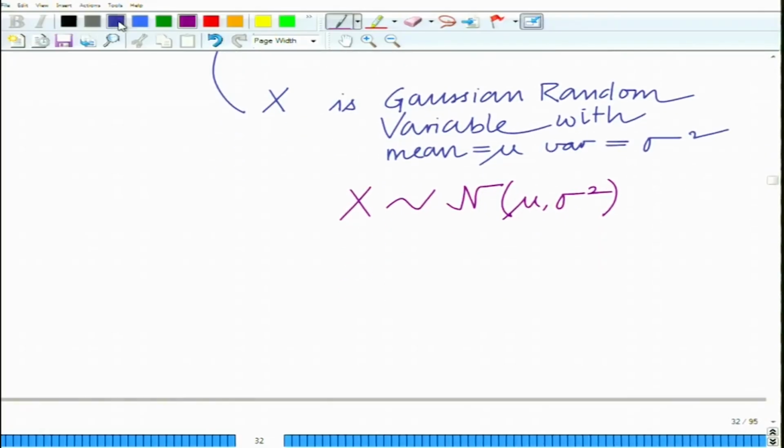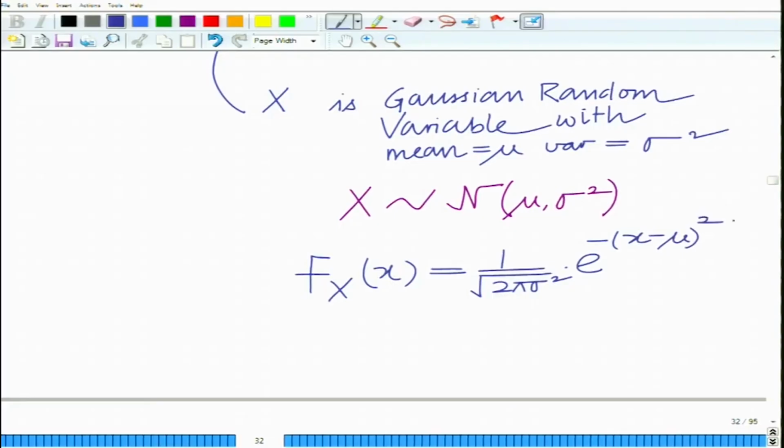Every random variable has a probability density function, which is given as 1 over square root of 2 pi sigma square, for the Gaussian random variable, e raised to minus (x minus mu) whole square by 2 sigma square.